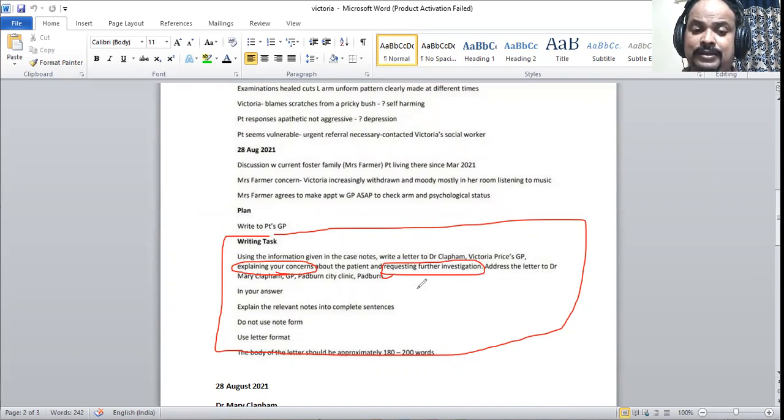So you need to write the letter to Dr. Mary Cleffam, GP, Padburn City Clinic, Padburn.